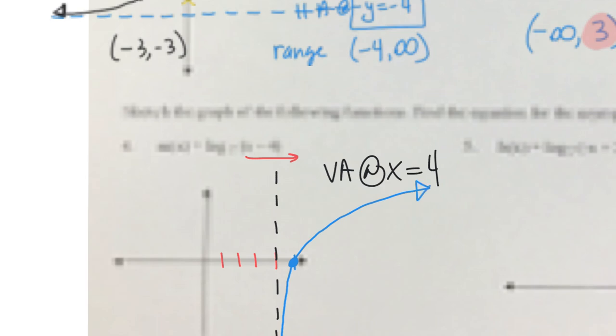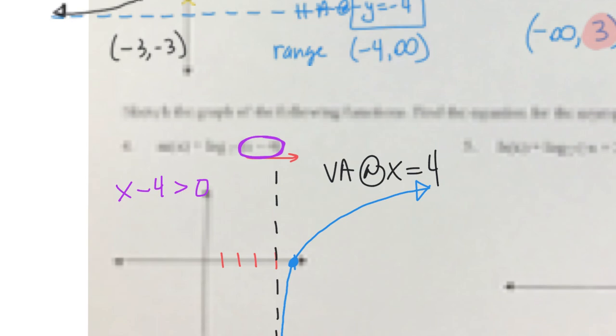So when we want to find the domain, we take everything in the parenthesis and we make it bigger than 0, because you can't take the log of a negative. Your calculator can't do it. It is undefined. So we've got to make sure that anything we plug in has to be positive.